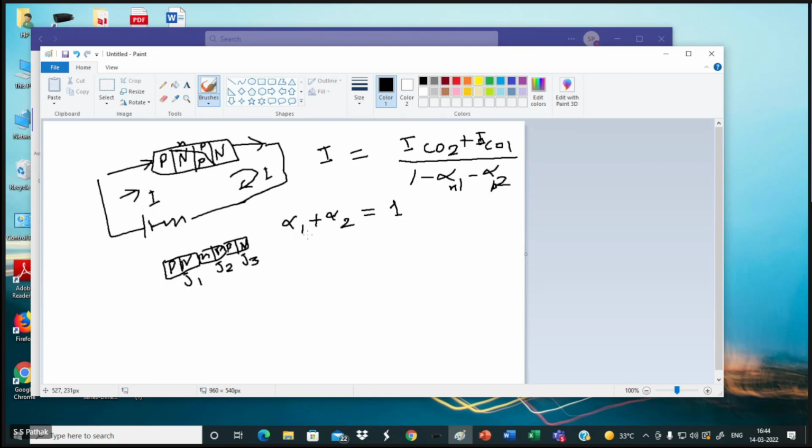So when alpha 1 plus alpha 2 becomes close to 1, then what happens? High current flows, and this one, this is reverse bias. J2 is reverse bias. J1 is forward bias. Initially, J3 is also forward bias.